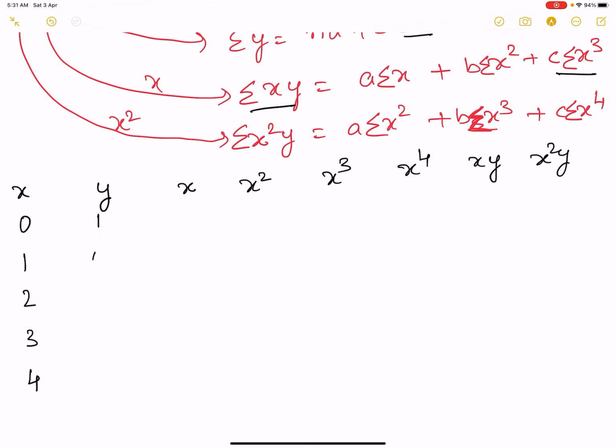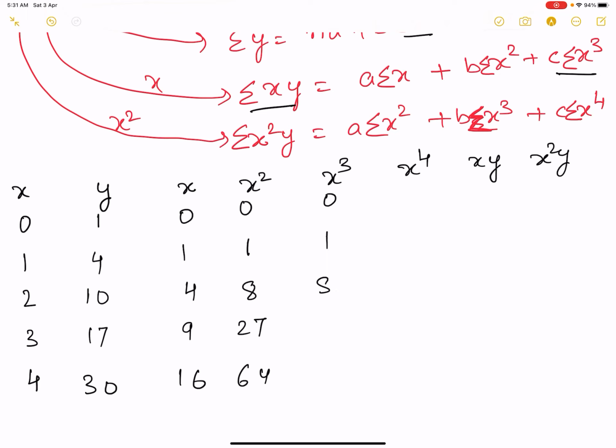Write the corresponding value of y and x square. Then x cube also. So this is x square, this is x cube, and this is x4.